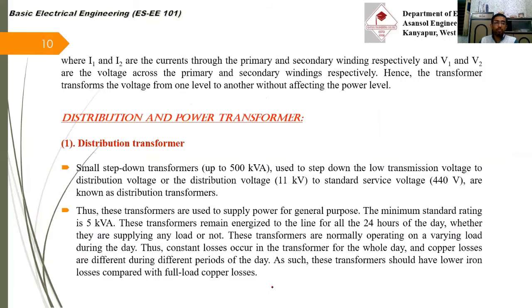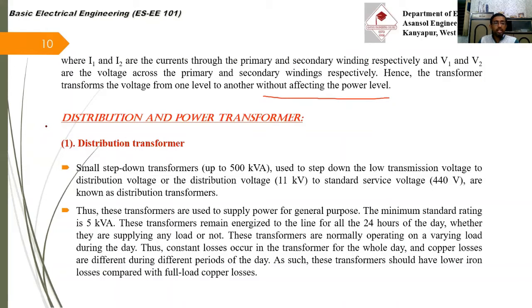Here I1 and I2 are the currents through the primary and secondary winding respectively, and V1, V2 are the voltages across the primary and secondary winding respectively. Hence, the transformer transforms the voltage from one level to another without affecting the power level. So it is matching the definition of the transformer.